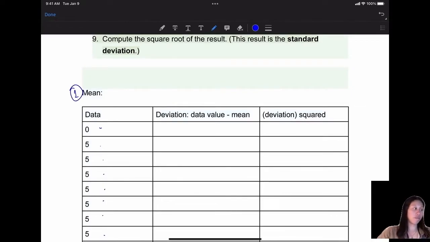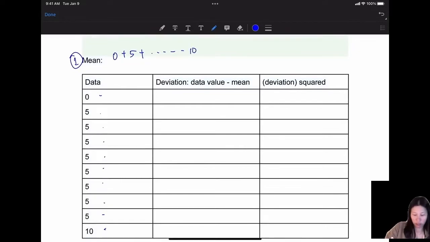Remember how to do mean? Mean is you add all the data together and divide it by the number of data. I just counted: totally 10 data. You divide it by 10. So the mean is equal to 5.